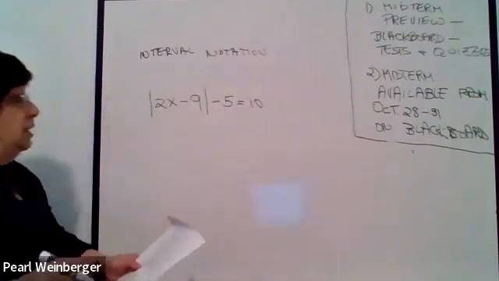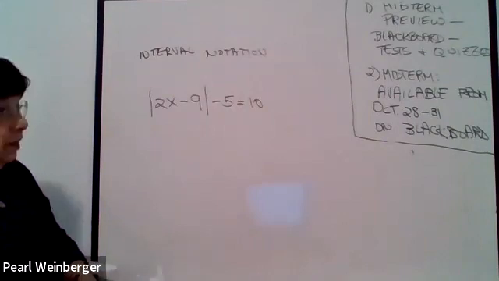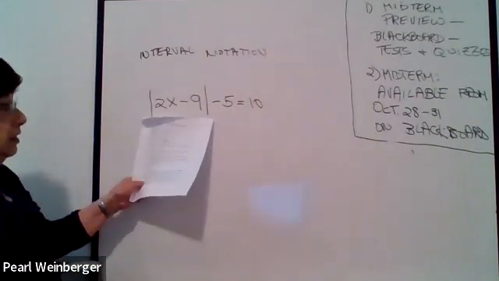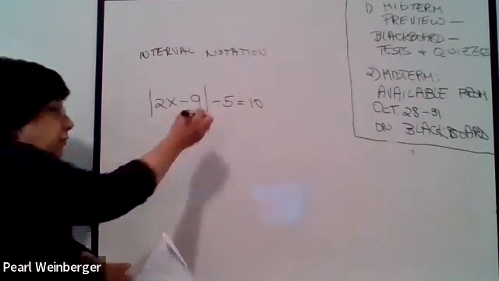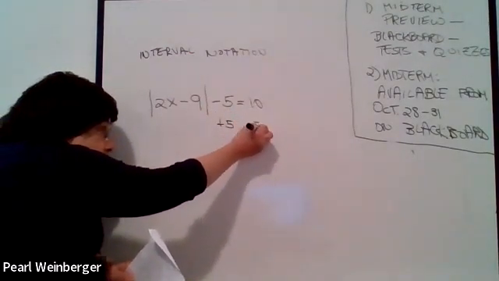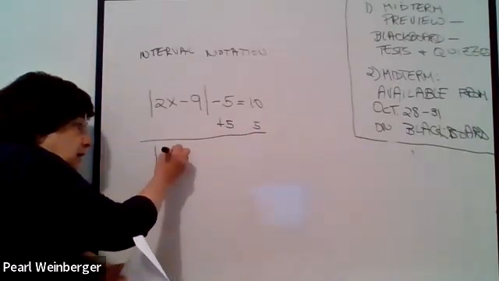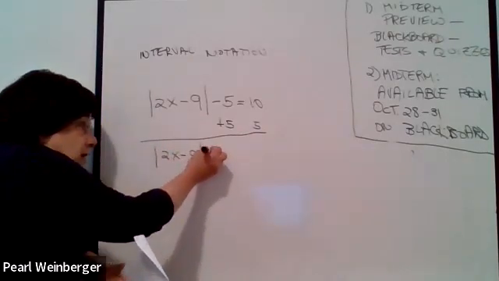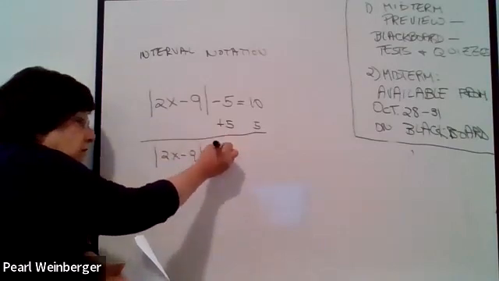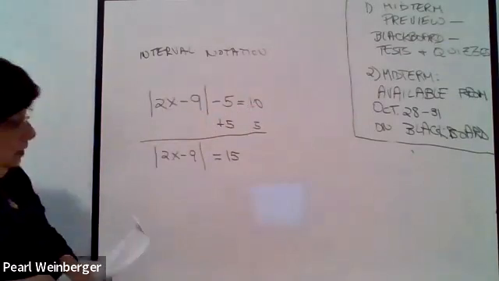And you're asked to solve this. Remember, these two signs are the absolute value signs. You first have to get the absolute value by itself. So you're going to add 5 to both sides. That'll give you the absolute value of 2x minus 9 equals 15. Because 10 plus 5 is 15.